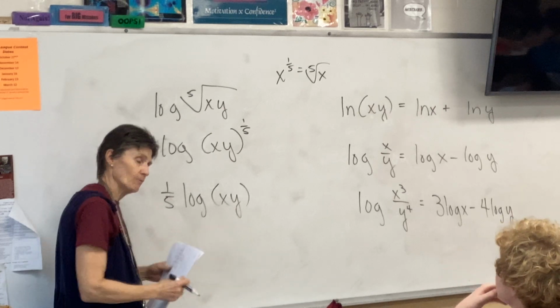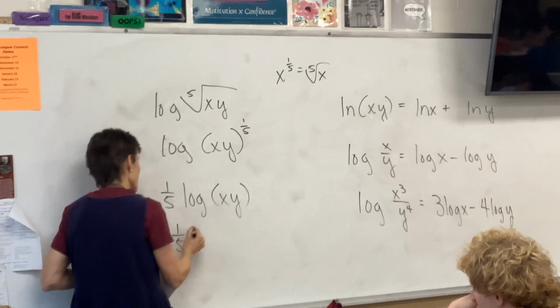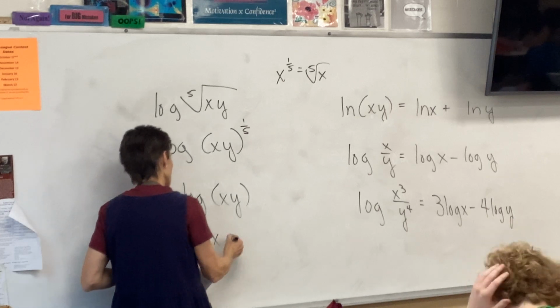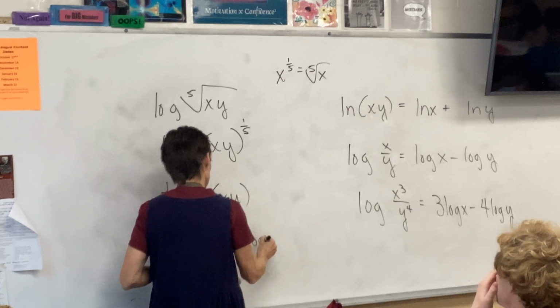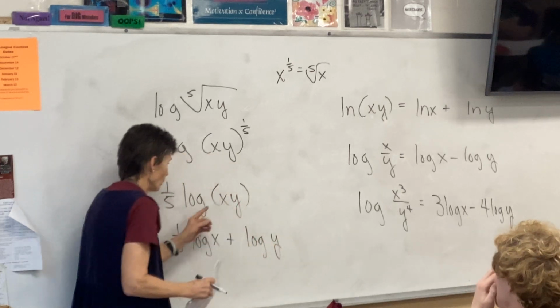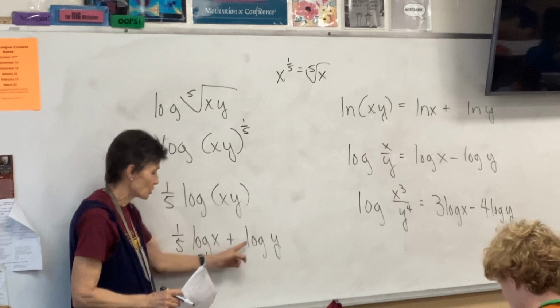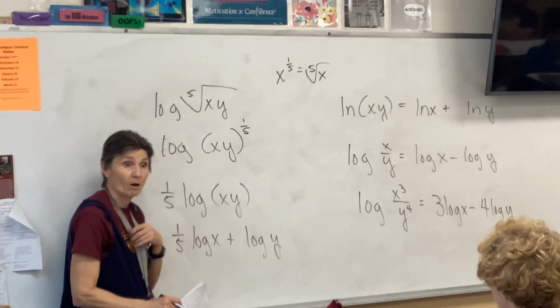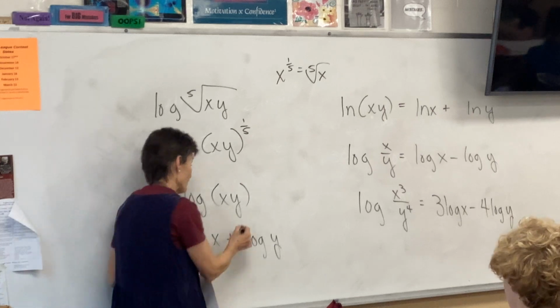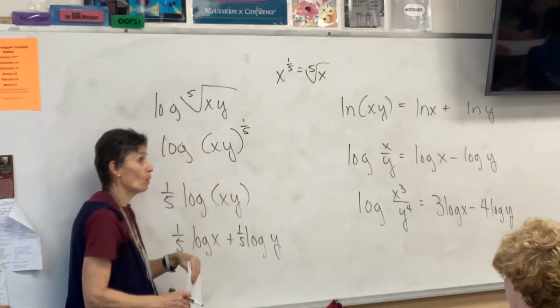Now be careful. Tell me what's wrong with this. So I pulled that apart and made it an addition. But I need the 1/5 to be on both. Why is the 1/5 on both?